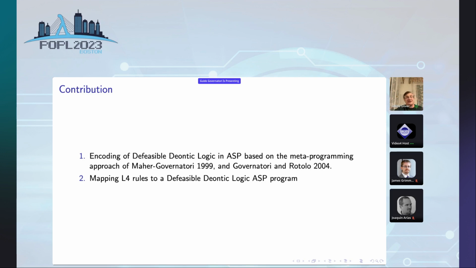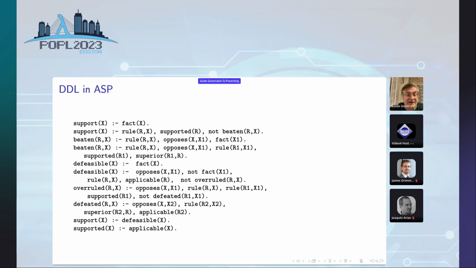Here you can see very quickly, there is no need to go into the details, and you can check the explanation in the paper. The very basic condition is given by about 10 clauses in answer set programming, and if you have time to look at the conditions, you can see they are reasonably self-explanatory.